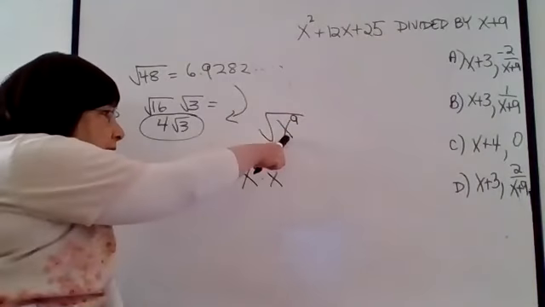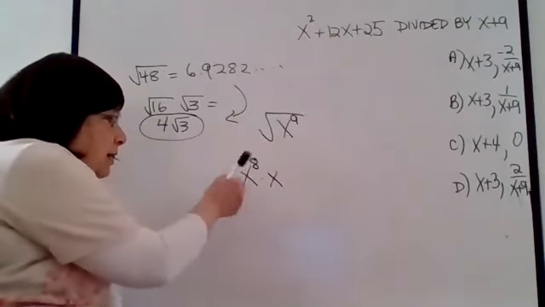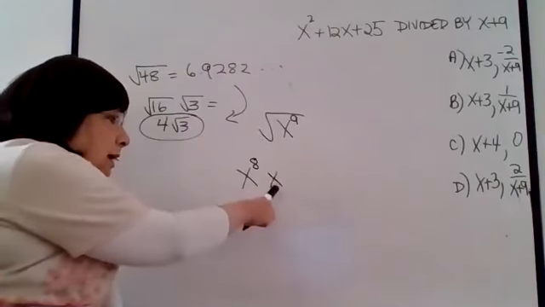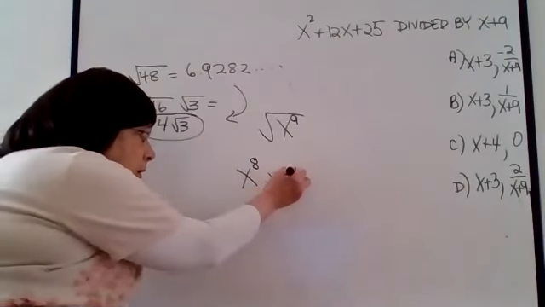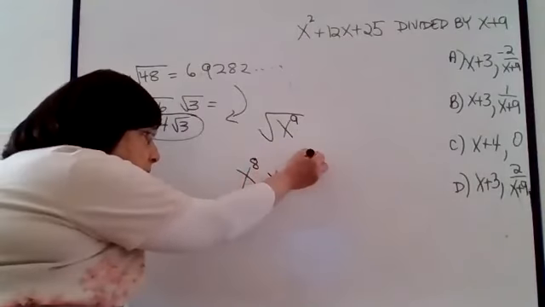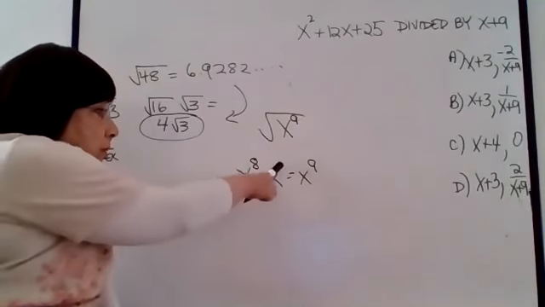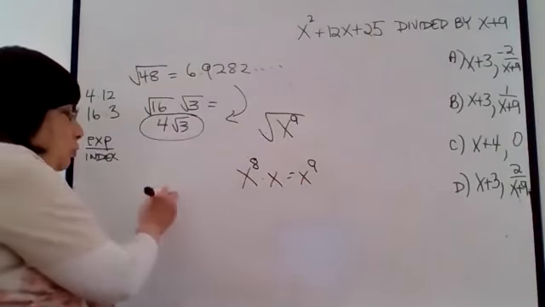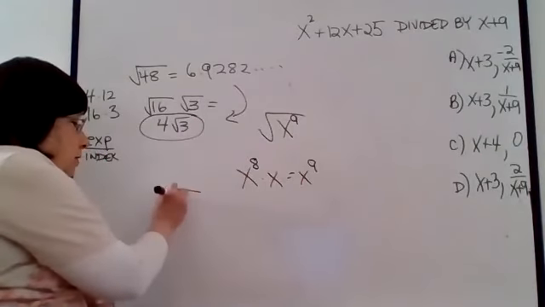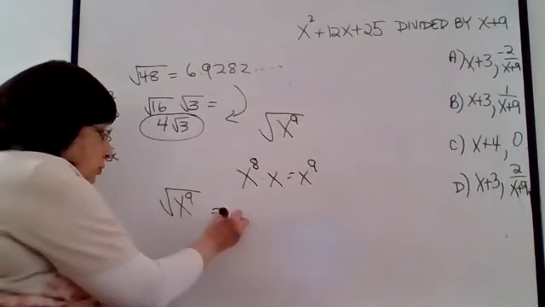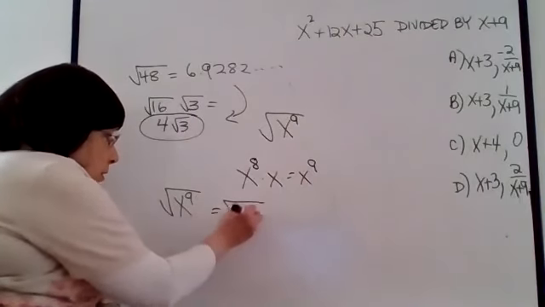Rewrite the x to the 9th as x to the 8th times x, because when we're multiplying variables, we're adding their exponents, and this has an exponent of 1. 1 plus 8 is 9. So I'm going to rewrite the square root of x to the 9th as the square root of x to the 8th times the square root of x.